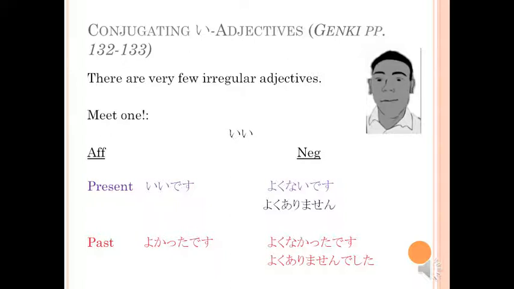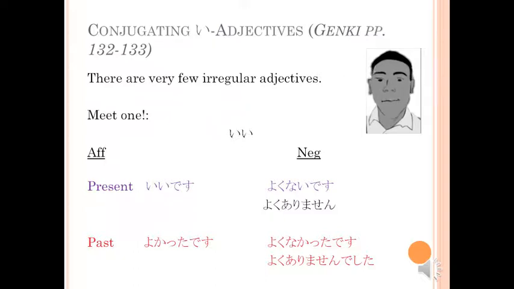So the present affirmative is ii plus desu, or ii desu, just like any other i-adjective. The present negative, however, is based on the adjective yoi, a classical version of the adjective for good, ii. As such, the present negative of ii is yokunai desu, or yoku arimasen, with the i of yoi dropped to form a stem of yo.